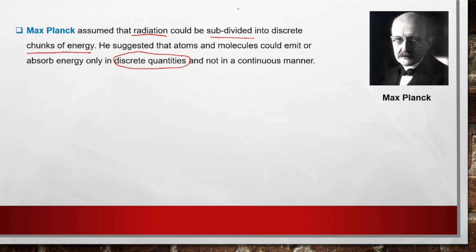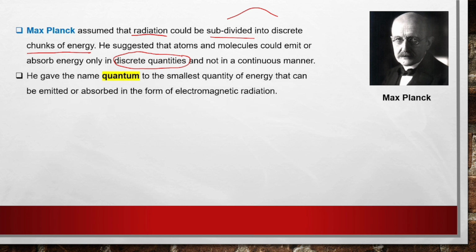That is, he told that radiation is not continuous, but discrete quantity. Radiation is emitted not in a continuous manner, but as small chunks or small packets of energy, as proposed by the scientist Max Planck. He gave the name quantum to the smallest quantity of energy that can be emitted or absorbed in the form of electromagnetic radiation.